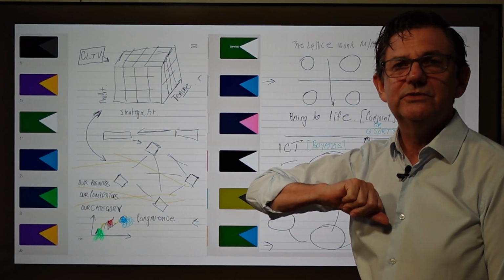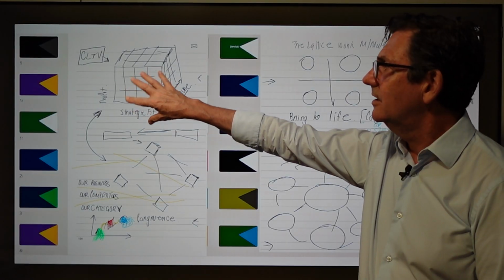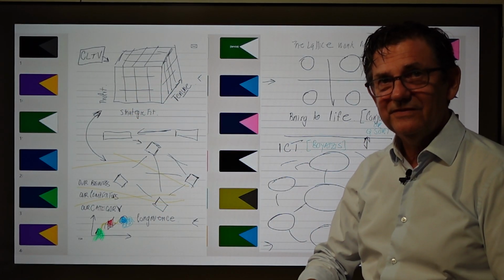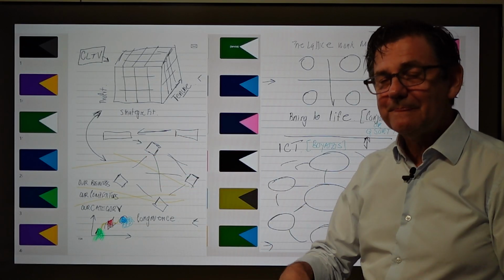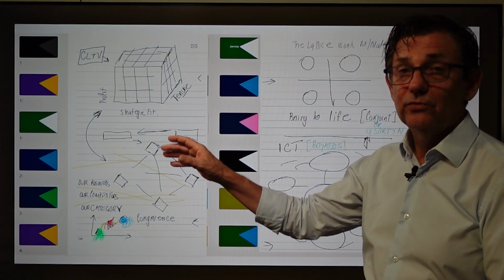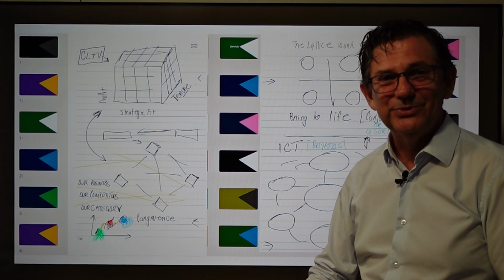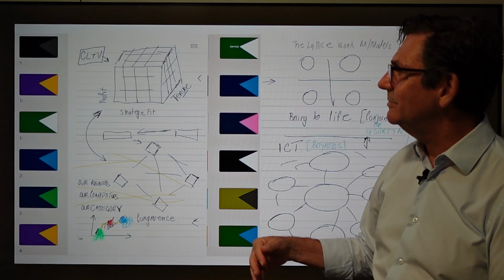I love the concept of a Rubik's Cube, because that infers that we just change one piece, one flick, and we've actually changed the entire face of the Rubik's Cube. In fact, I prefer them when they're all messy and the colors are all over the place. That makes a lot more sense to me.